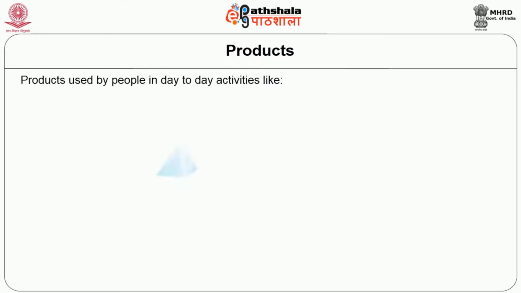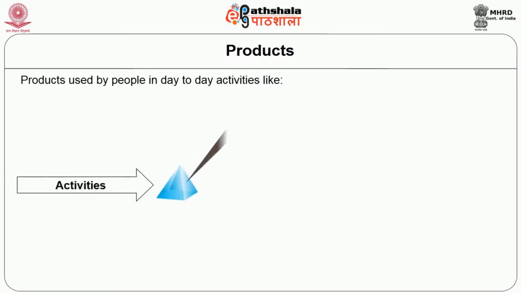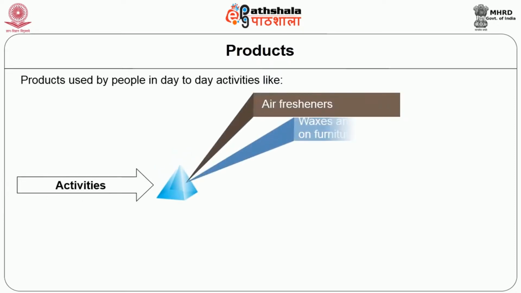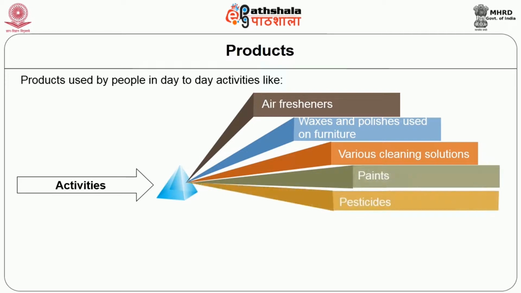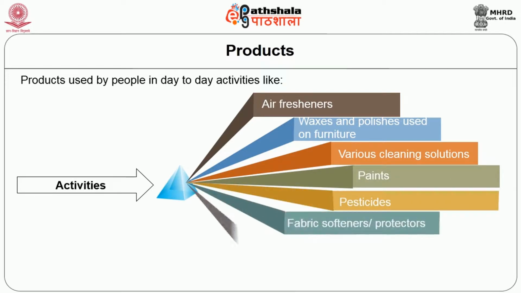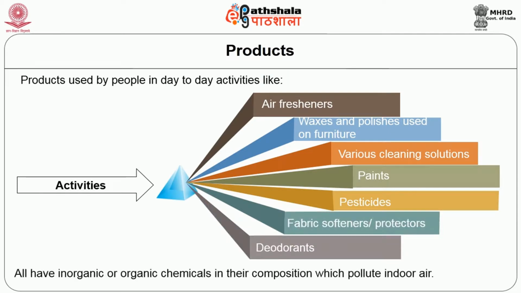Products used by people in day-to-day activities like air fresheners, waxes and polishes used on furniture, various cleaning solutions, paints, pesticides, fabric softeners, protectors, deodorants, all have inorganic or organic chemicals in their composition which pollute indoor air.